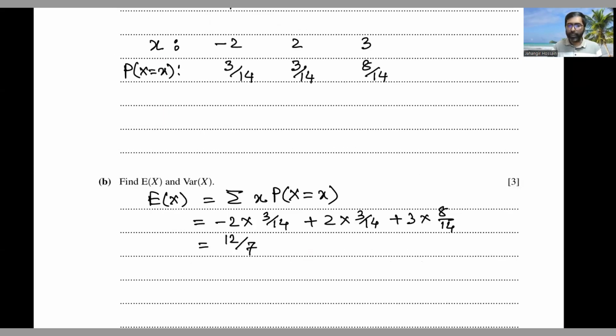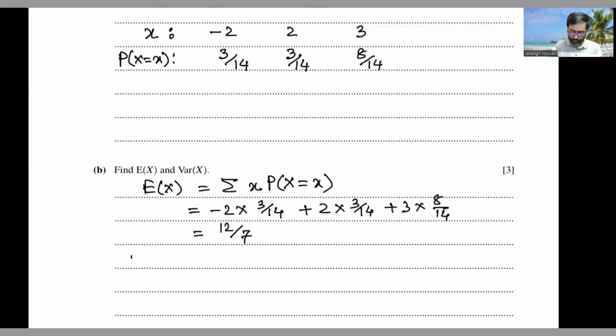Now, to find the variance of X, the variance is E(X squared) minus (E(X)) whole squared, where E(X) is the mean.